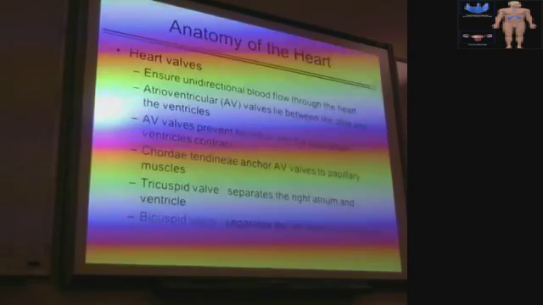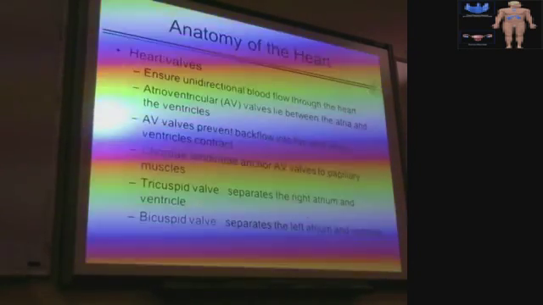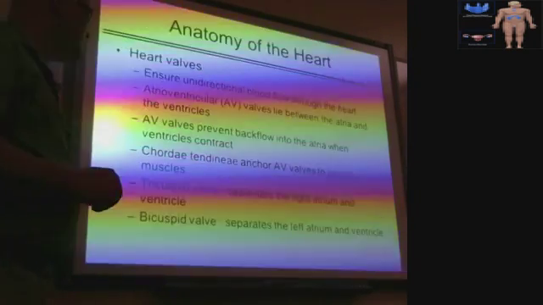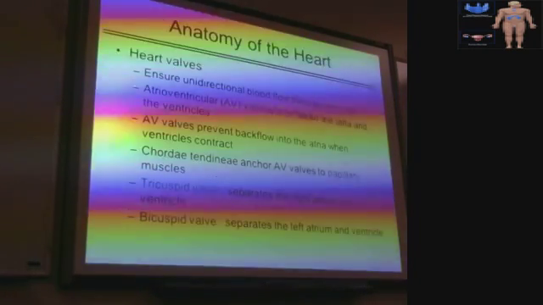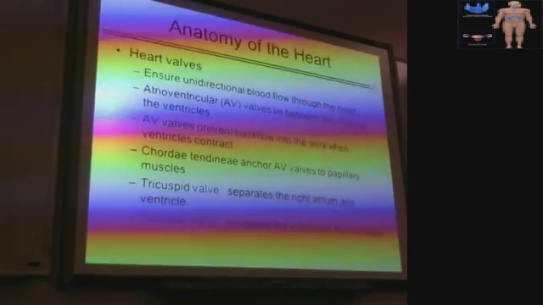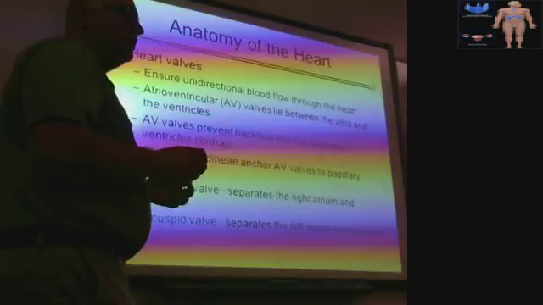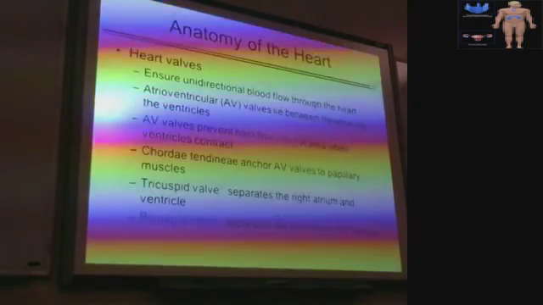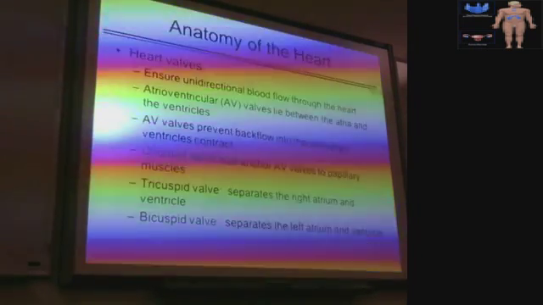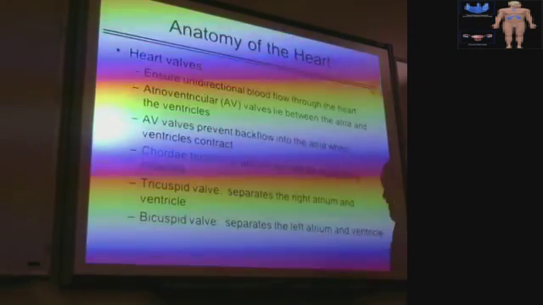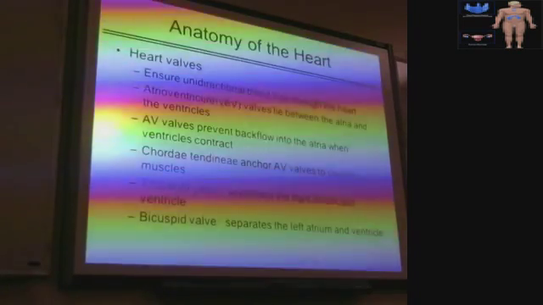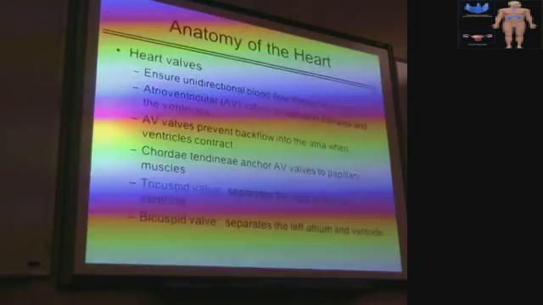The chordae tendineae anchor the AV valves to the papillary muscles. We're going to look at those in detail later. The chordae tendineae are exactly what it sounds like. They look like little tendons in there, and they're attached to different valves. You'll see these little string-like structures, which are the chordae tendineae, and how they help hold the valves in place. More specifically, the AV valves.